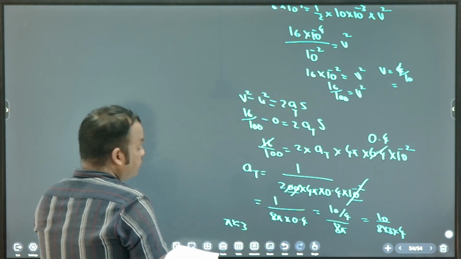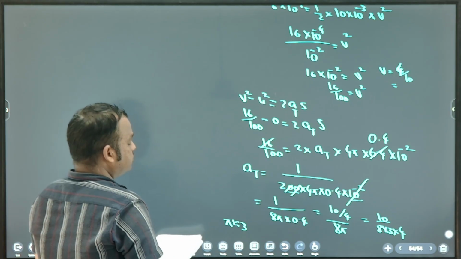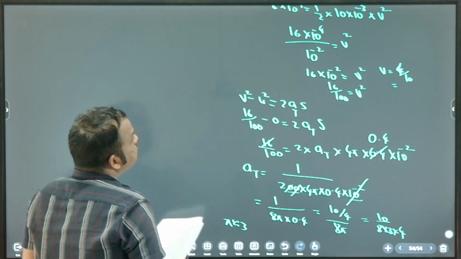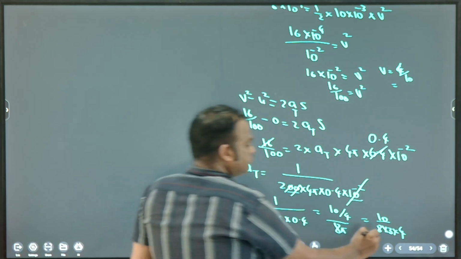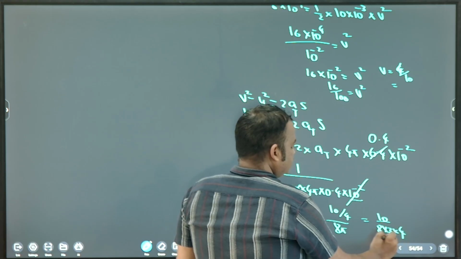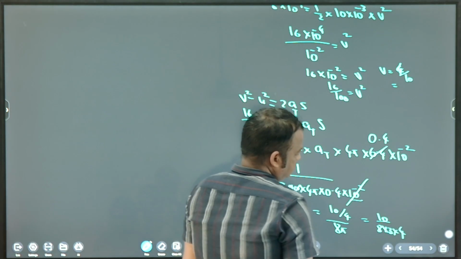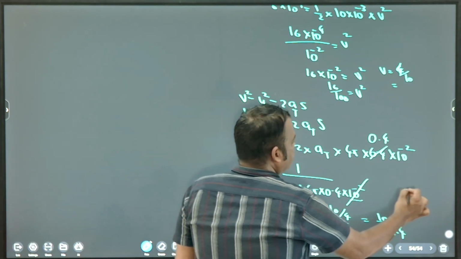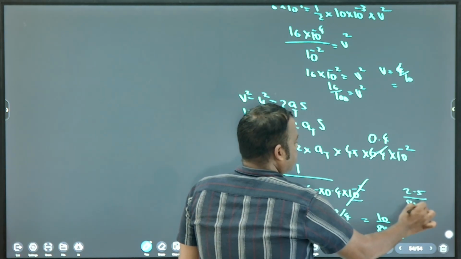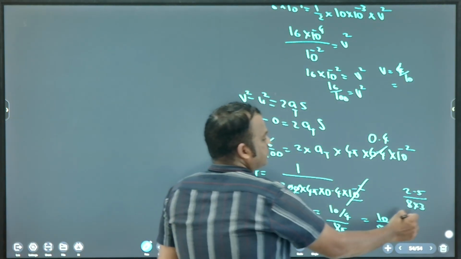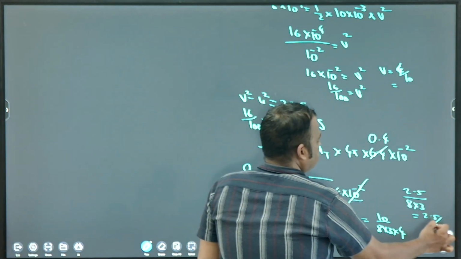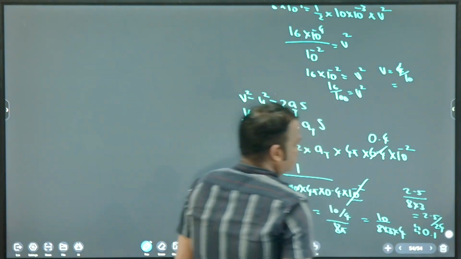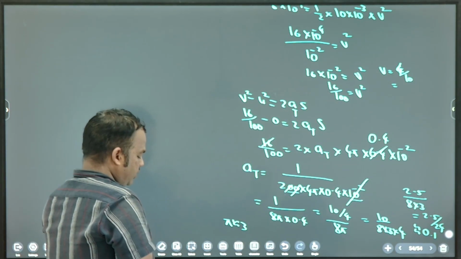Okay, solve this. 10 by 4 is 2.5, 2.5 by 8 into 3, so 2.5 by 24. So this will be approximately 0.1. Note down, third option.